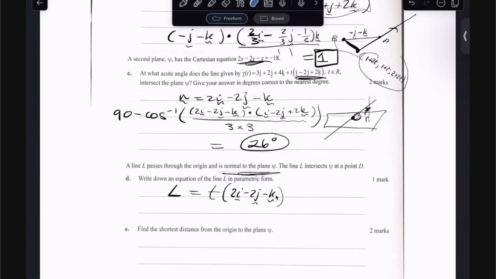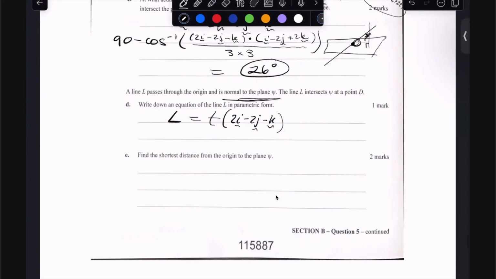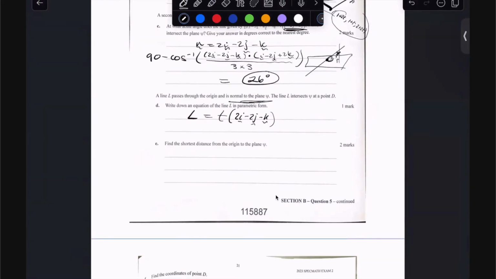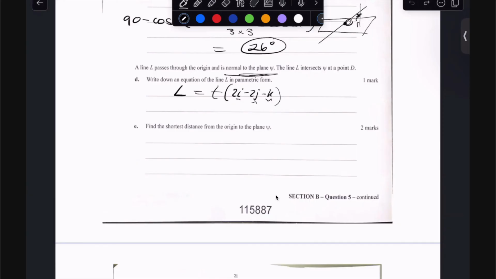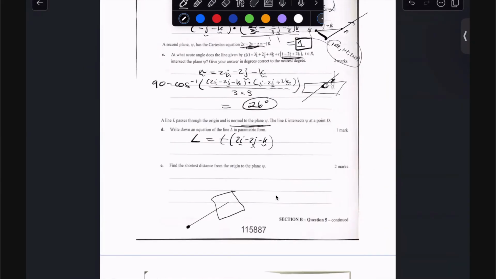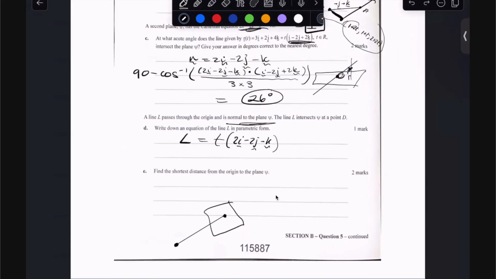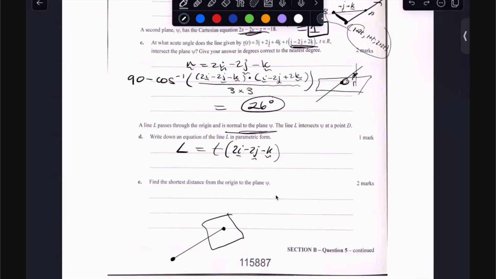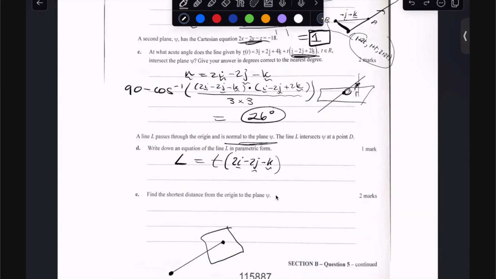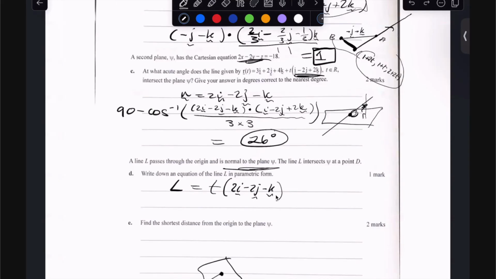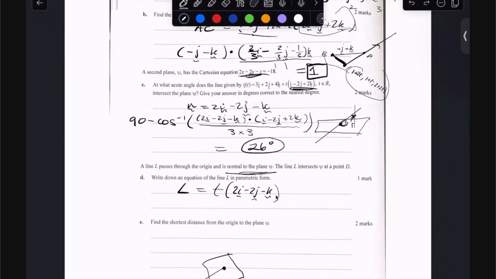Find the shortest distance from the origin to the plane epsilon. So I'm assuming they've asked you this for a reason, and this goes from the origin to the plane. So you just need to find the intersection point between this and the plane, and then you can find the magnitude of that point. So what's the point of intersection? 2t, you can plug that into here.